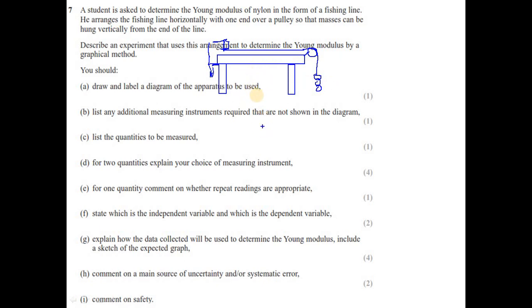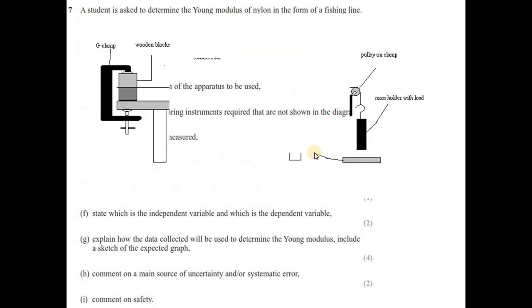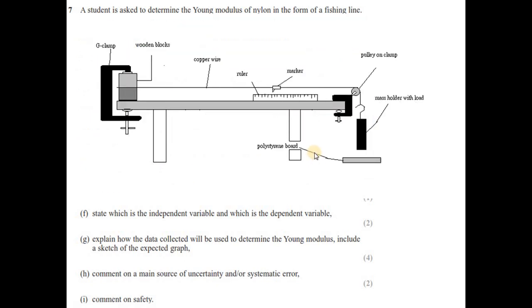I will show, this is the rough sketch. So you can draw a diagram similar to this. In fact, you don't need to write the polystyrene board and mass holder with load. You just write hanging mass, meter rule, marker is important, wire.